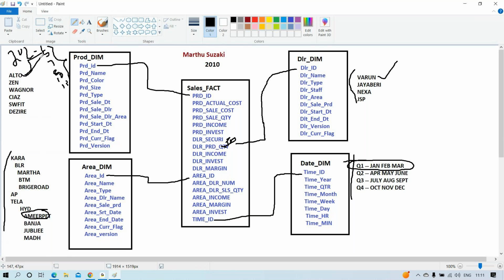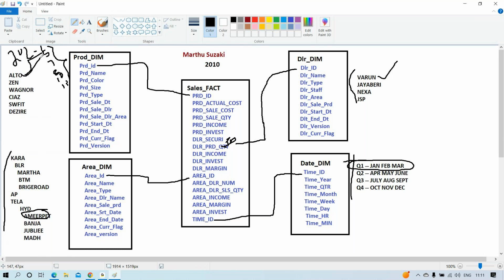That too only the Alto car, only at the Varun Motors dealer, not all areas of Varun Motors, only Hyderabad Amirpet, and only quarter one. Within these 3 months, the sales are increasing by 2 to 3. Correct or not? So for 2022, I want to take a decision for up to 17 cars.